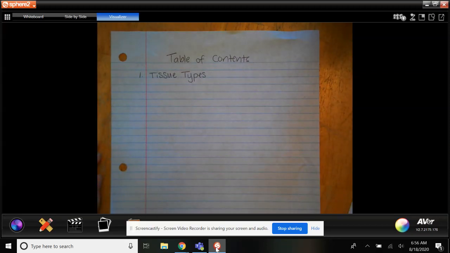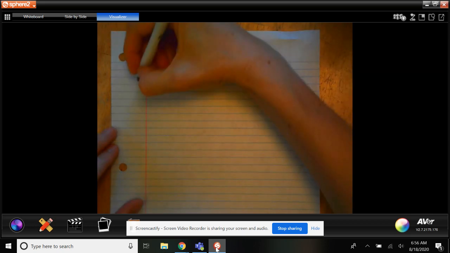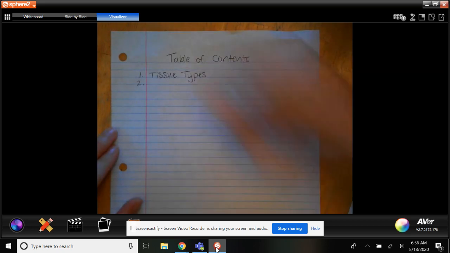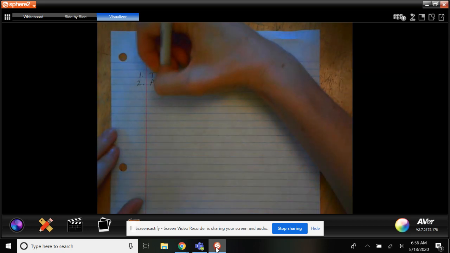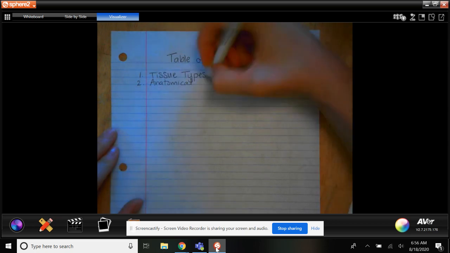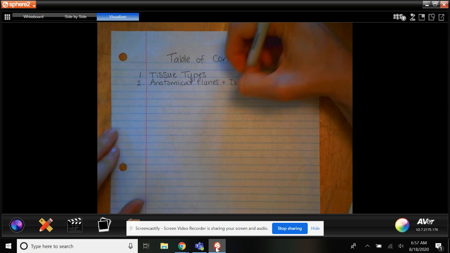We're going to make a new drawing, and the first thing we're going to do is update our table of contents. Number 2, anatomical planes and directions.